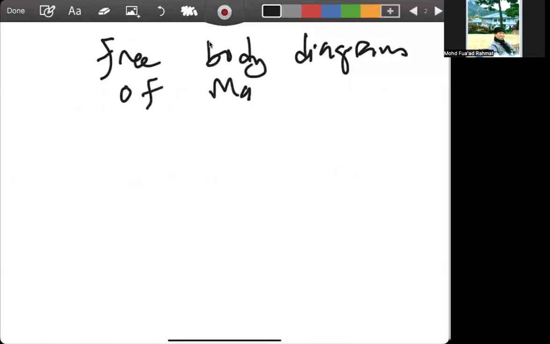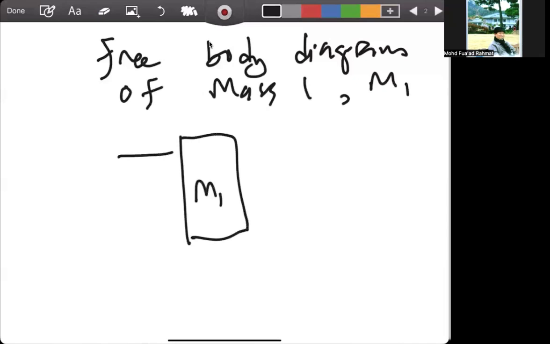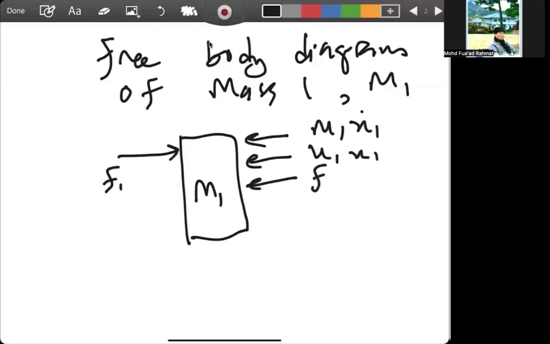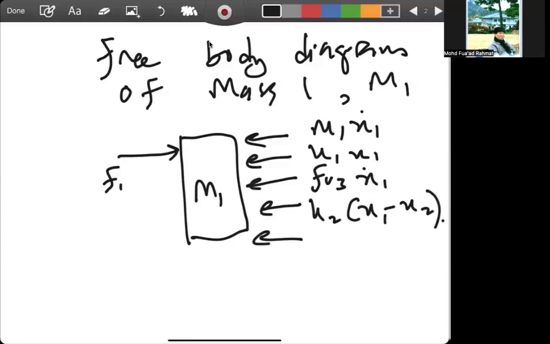For mass 1, I draw the free body diagram M1, where you have a force F1, and at the same time you have M1 X1 double dot, K1 X1, FV3 X1 dot, then K2 times X1 minus X2, and FV1 X1 dot.